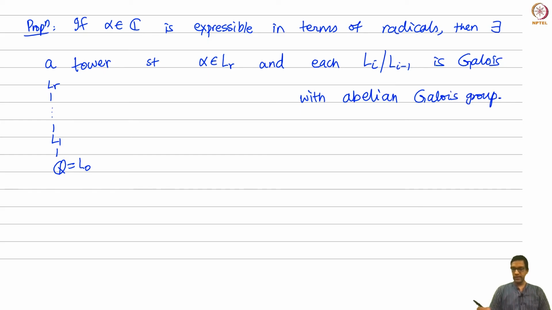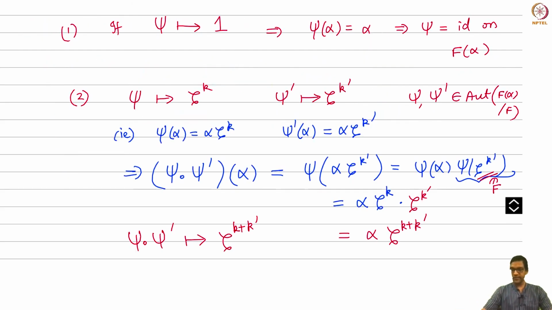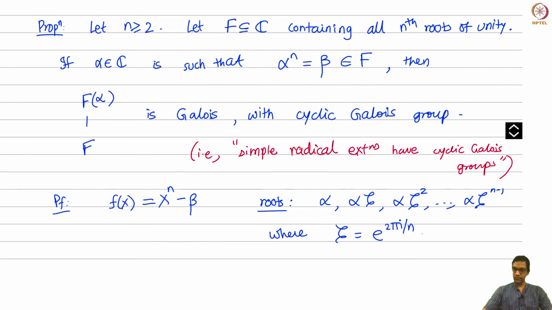Okay, so you might wonder, didn't we prove something more? Didn't we already say that every simple radical extension is cyclic? Well, we did. That's exactly what the earlier proposition said, that the simple radical extension F(alpha) over F has cyclic Galois group, but we made an assumption that F contains all the nth roots of unity.